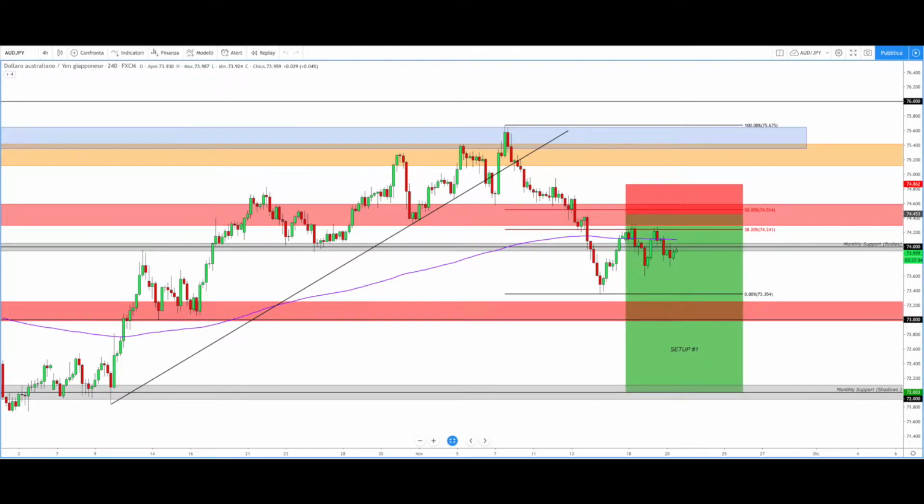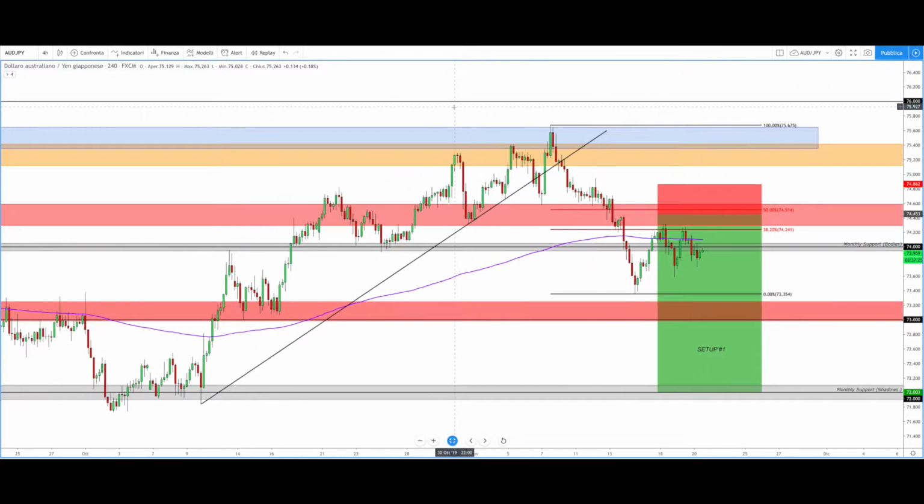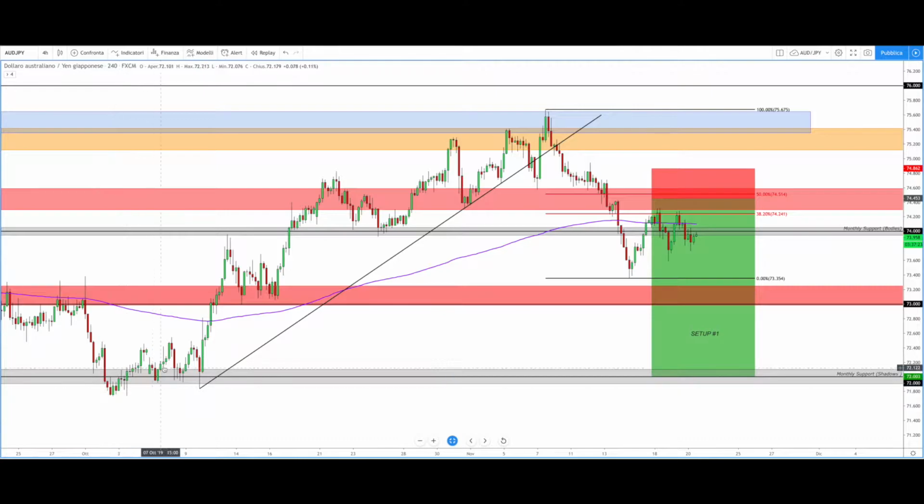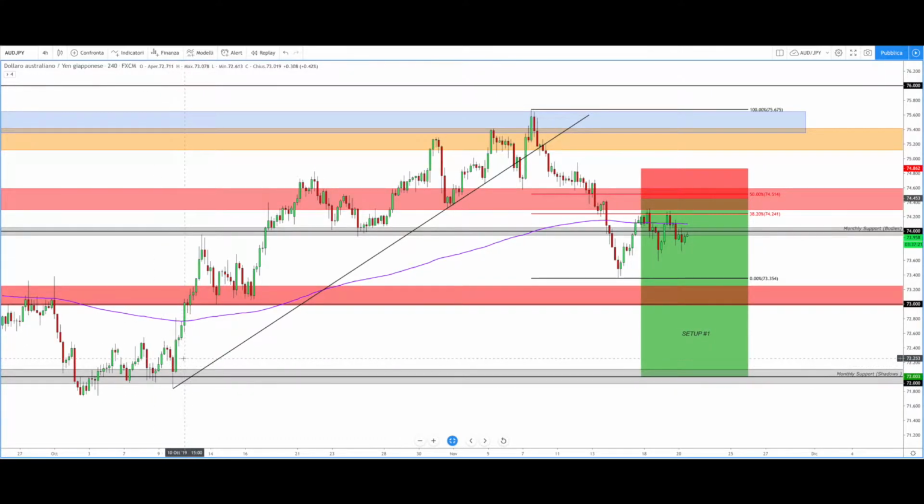We can start now with Australian dollar, Japanese yen. To watch this setup, we need to go backwards and see how this movement starts here.